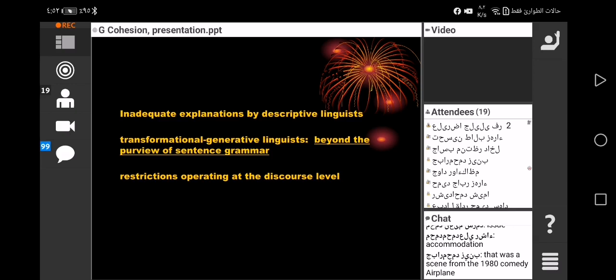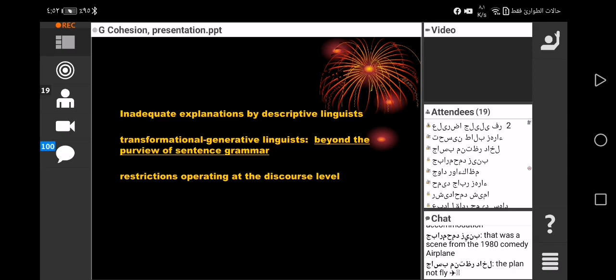To understand what these referring expressions refer to, whether to the text or to the context, description might not be enough.